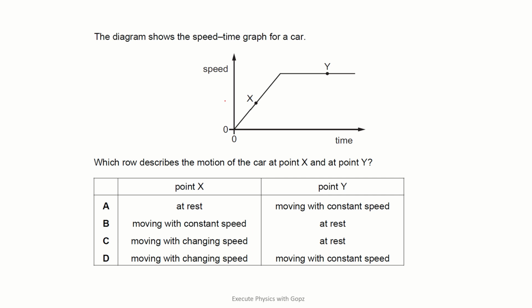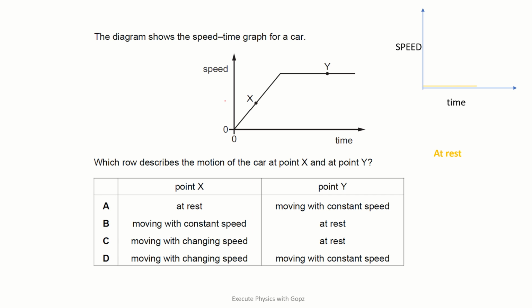So before moving on to the options, let me just show you the different graphs, how a speed time graph looks when an object is at rest, moving with constant speed and moving with an acceleration. So if this is a speed time graph, if an object is at rest, it will not have any speed.